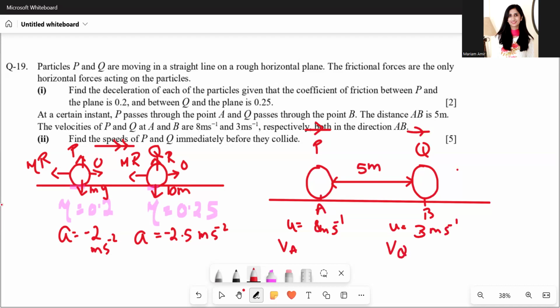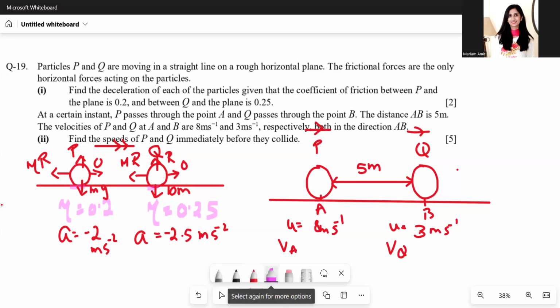Now, right before they collide, the gap between them should be equal to 0. So we need to form an equation of the gap between the two particles at a time t. When we equate the gap to 0, we should be able to get the value of time at which the gap is 0.